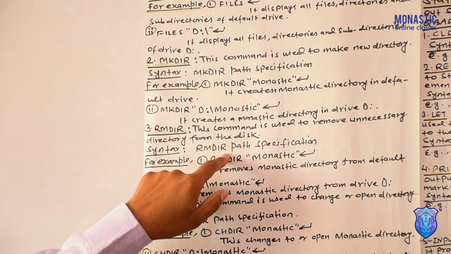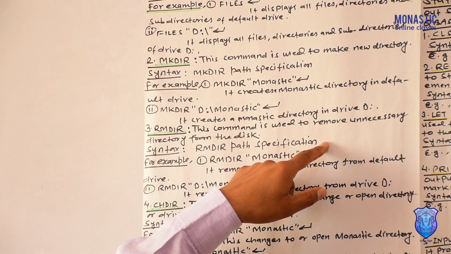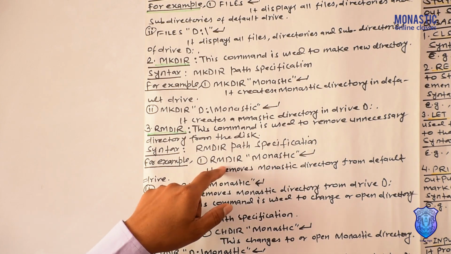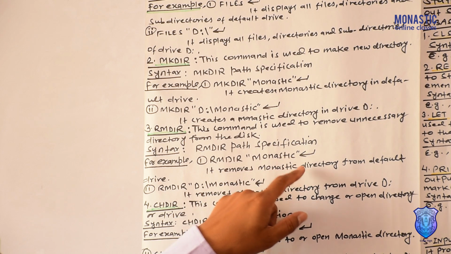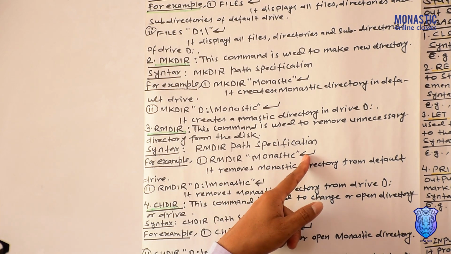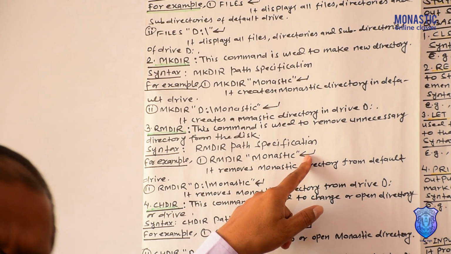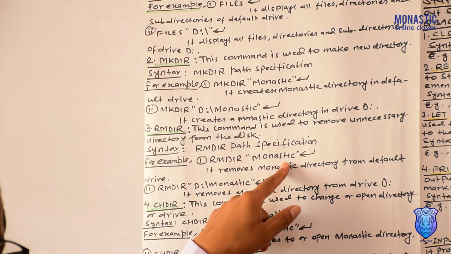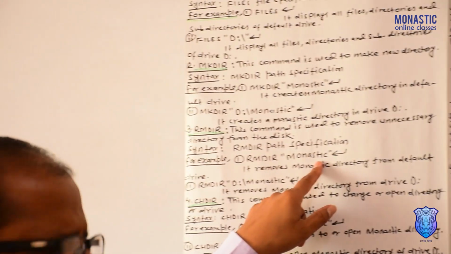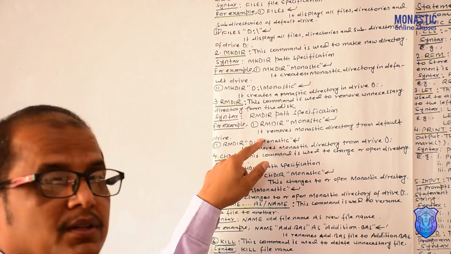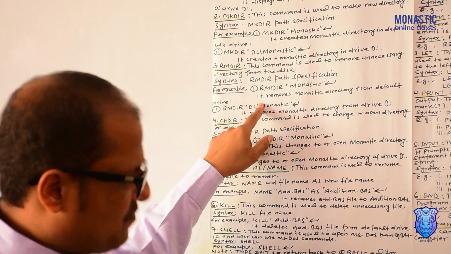Syntax: rmdir path specification. For example, rmdir monastic. When you press enter key, what do you get? A directory named monastic is deleted, removed from the default drive, that is, from drive C.